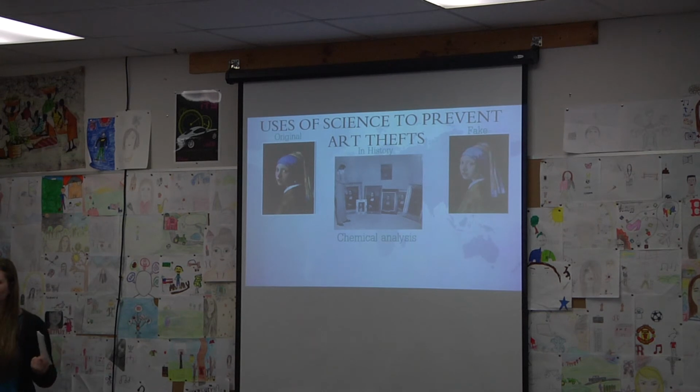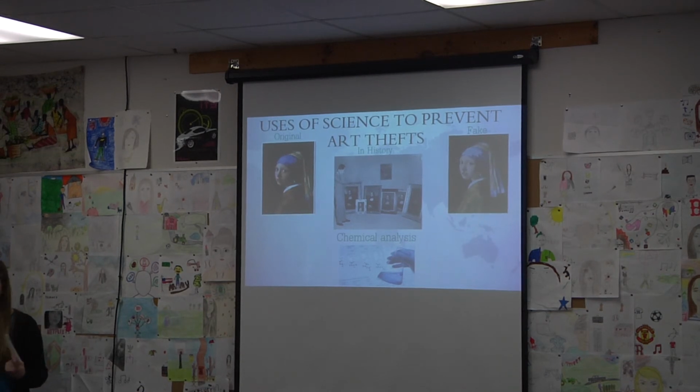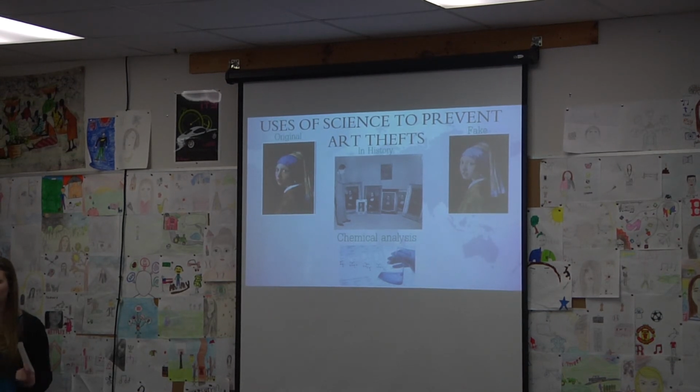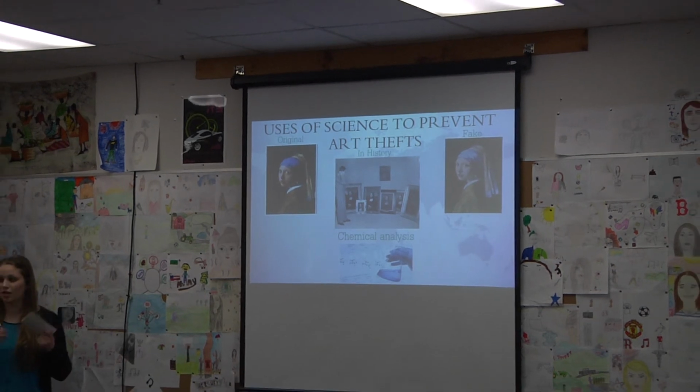So you can use chemical analysis to detect fakes. The most common is putting a little speck of paint in a particle accelerator, or using mass spectrometry, where you determine the chemical makeup of the paint. If the paint dates back to the time when the painter was actually alive, then that makes sense.